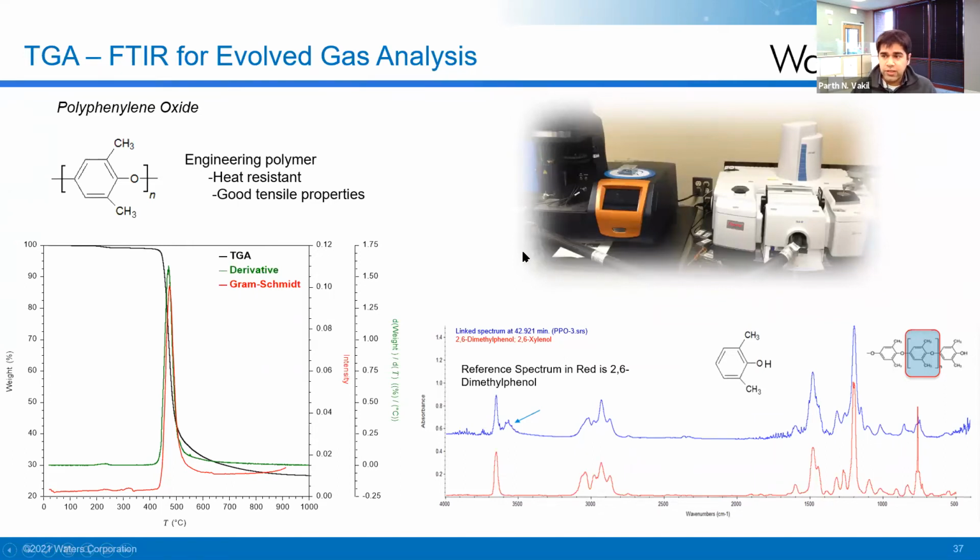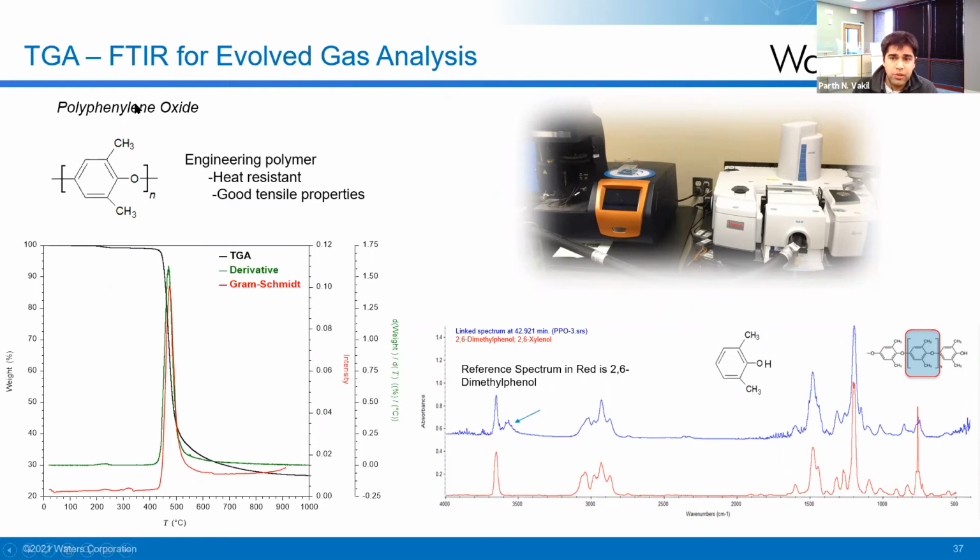And at Covalent, they have their TGA hooked up to an FTIR, which allows them to look at the FTIR analysis of the off-gassing products. So whatever is decomposing into its gaseous form and coming off of the TGA is collected by an FTIR, and then you can get an analysis of what that is.